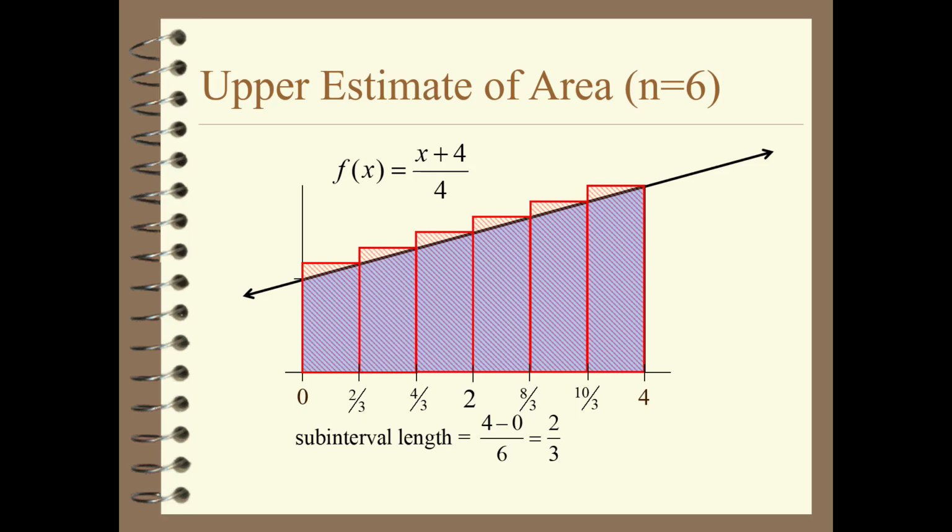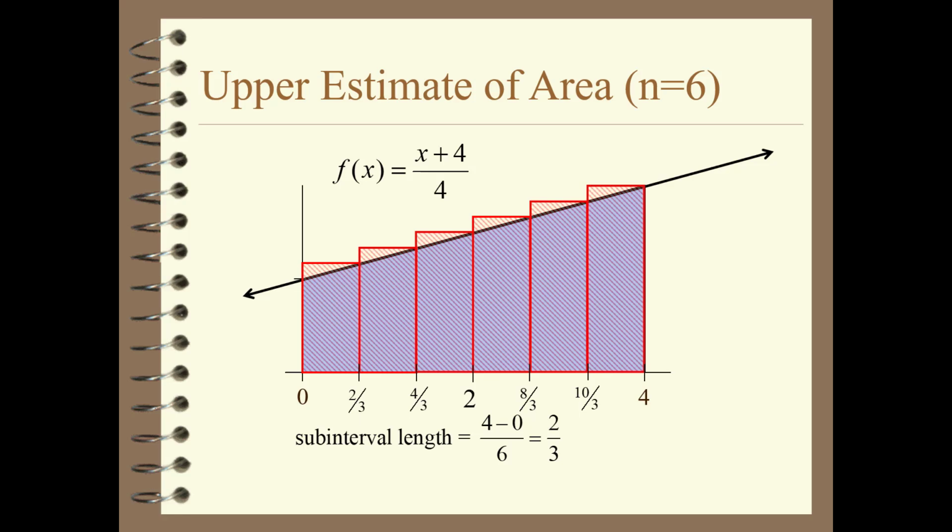So in every single subinterval, I picked the rightmost x value. That gave me a function height. That gave me a rectangle that would be more than the area that I needed to compute for that portion of the interval. And I just add up all those areas.